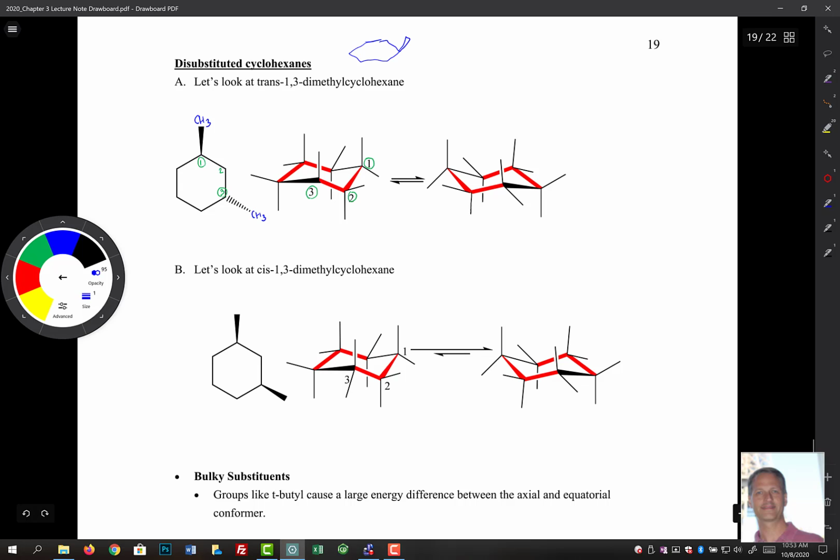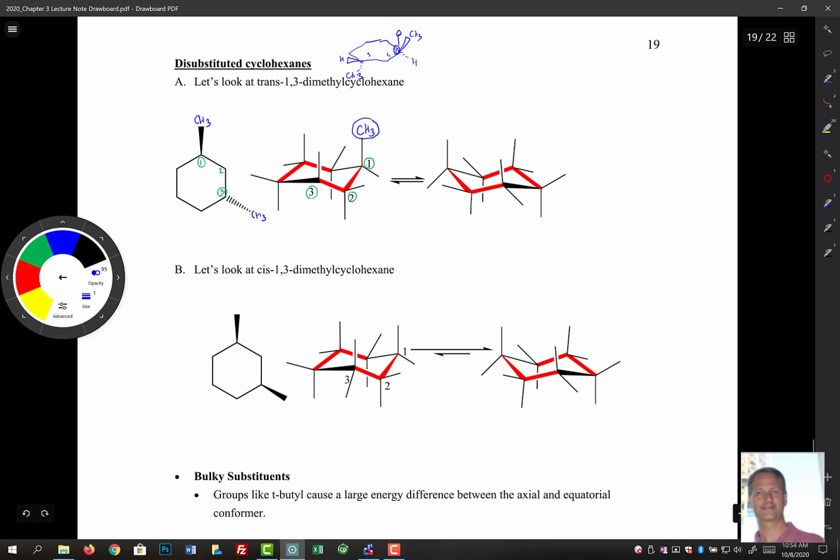So if it was totally flat, you'd have a CH3 here, and then an H down. That's 1, 2, and then at 3, you would have an H that's pointing up, and then a CH3 pointing down. And what we're going to do is take that number 1 position and pull it up. That's going to put our CH3 in that top position.